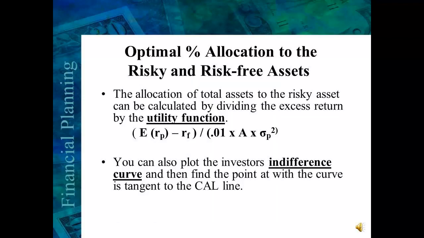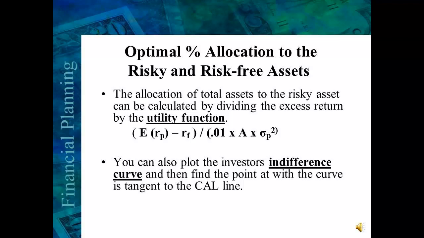So how might an investor make the asset allocation decision concerning the best percentage of assets to put into the risky asset and into the risk-free asset? That can be done with either the utility function or the indifference curve. You learned about these two concepts in the last lesson.